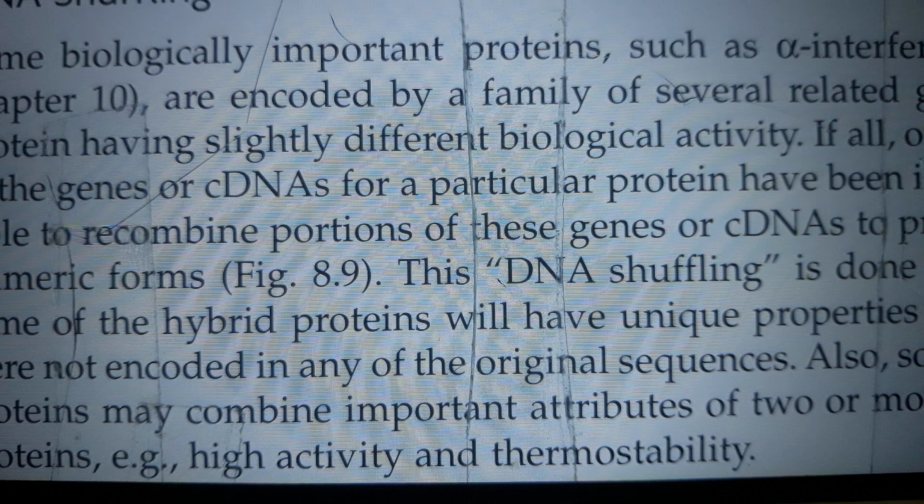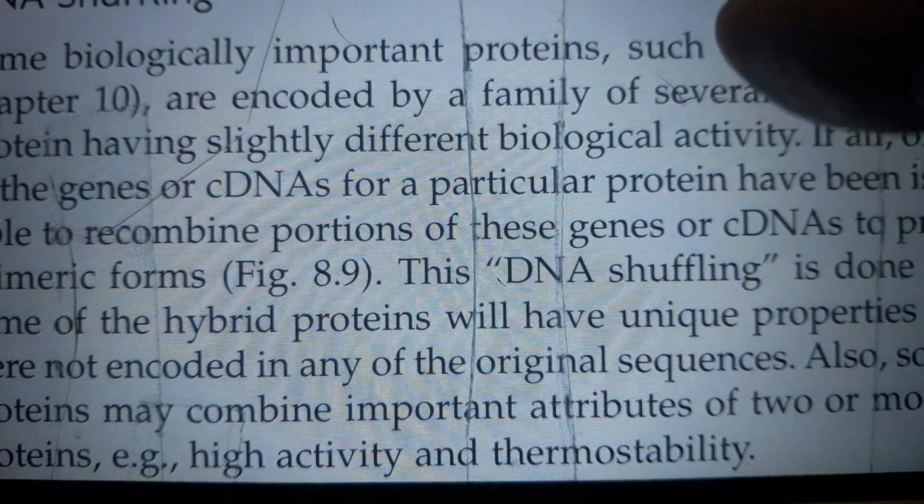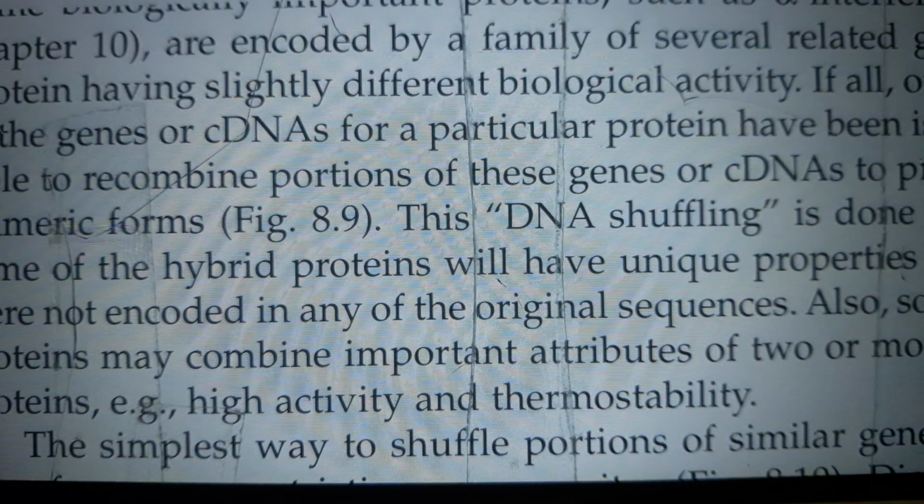DNA shuffling. Some biologically important proteins, such as alpha interferon (see Chapter 10), are encoded by a family of several related genes, with each protein having slightly different biological activity.